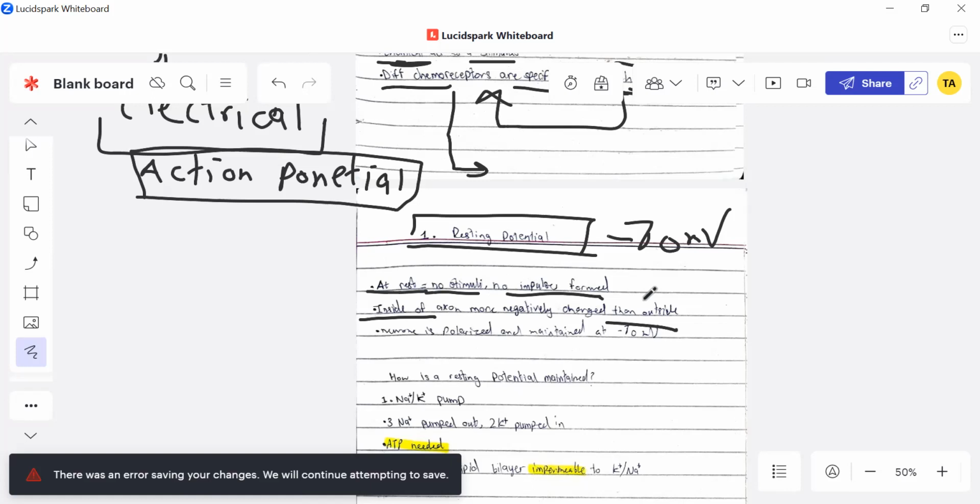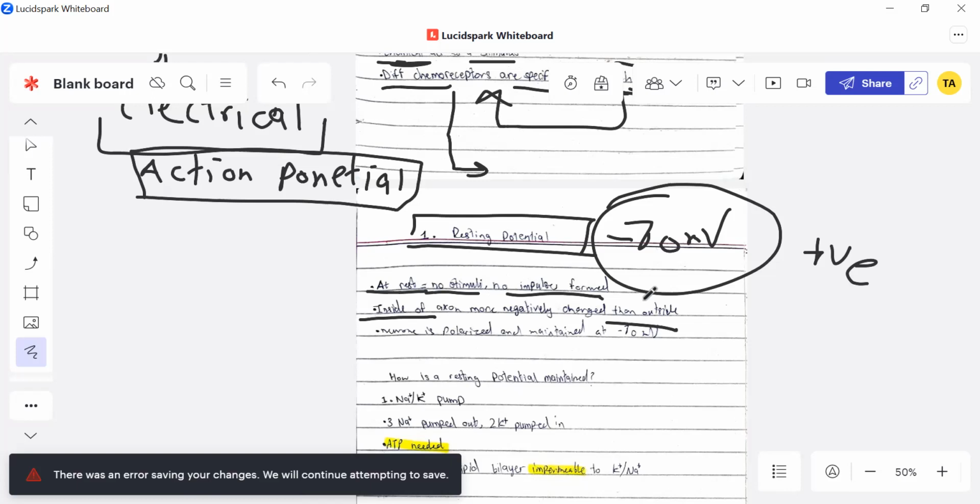This negative millivolt value is the electrical charge inside your cells. So if the inside of your cell is much more negative, then the outside of your cell would be positively charged. At resting potential, always remember the inside of the cell is more negatively charged.